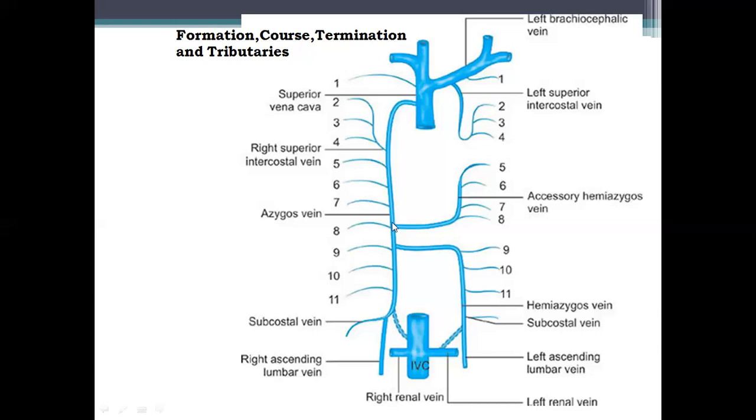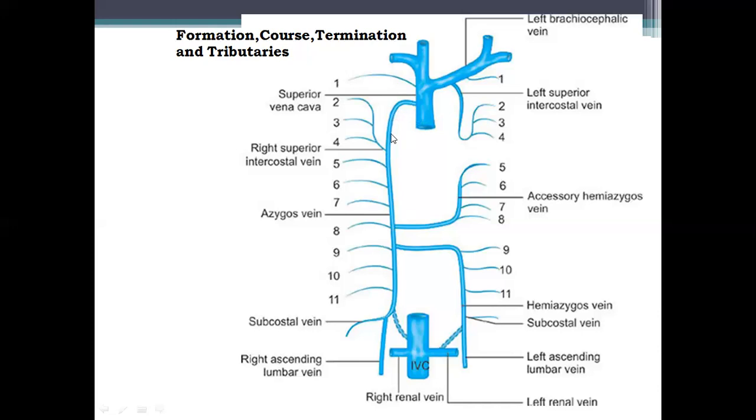So here it reaches the T4 level. This is the level of T4 vertebra. At the level of T4 vertebra, the Azygos vein arches forward. It arches over the hilum of the right lung. While learning the lungs, you might have seen the relations of the right lung, that is the mediastinal relation.